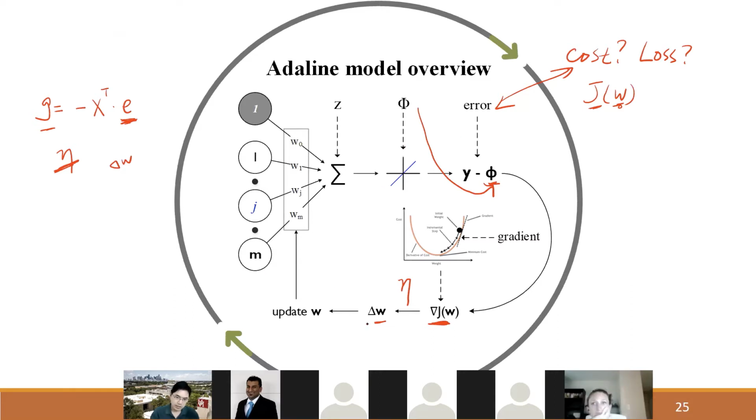So this process runs for as many epochs as you specify. The model learned the weights.